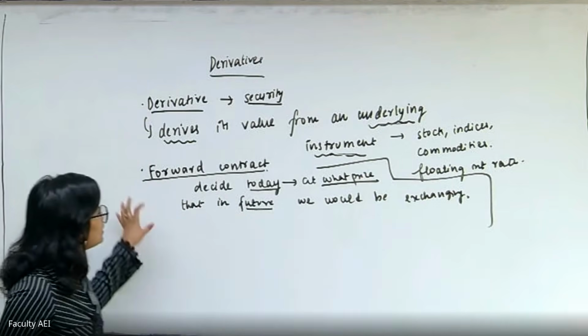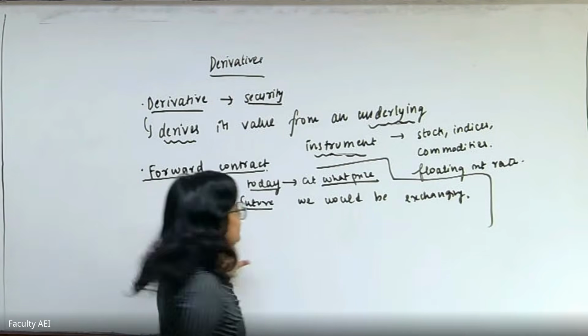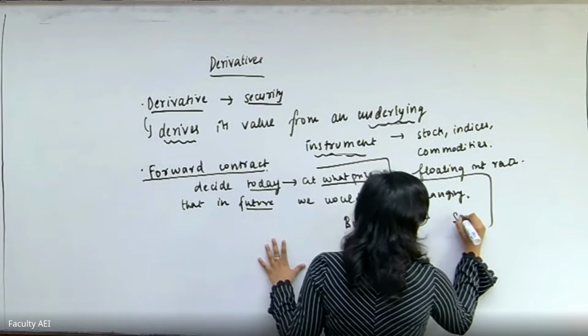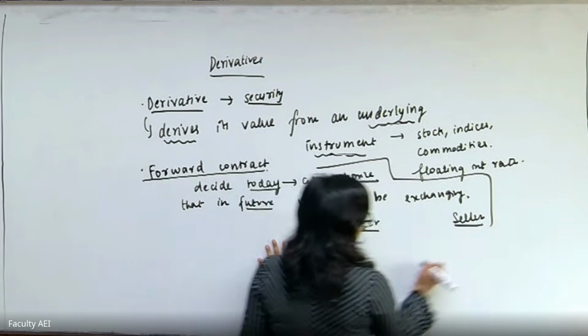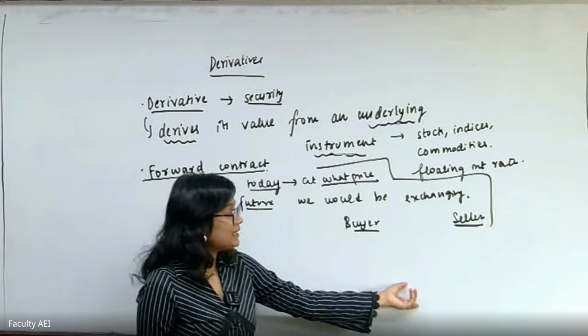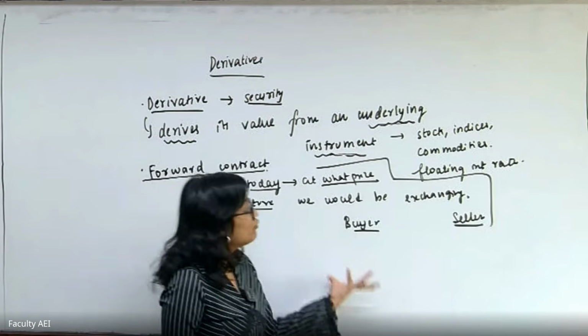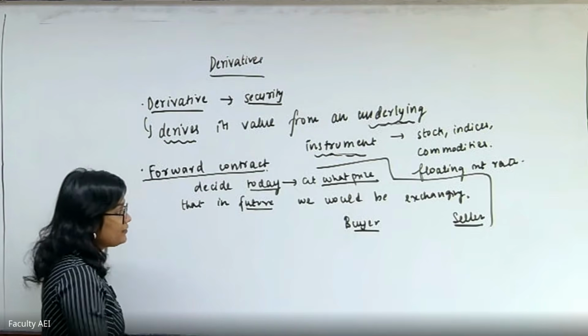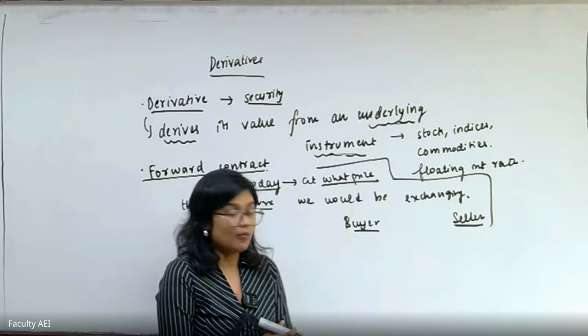So under a forward contract, there would be a buyer of the forward contract and a seller of the forward contract. Now, these two people will decide today at what price, after a certain time in future, they would be exchanging these commodities.